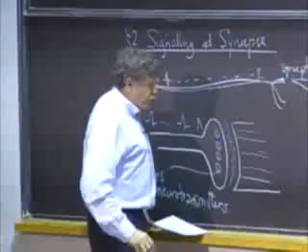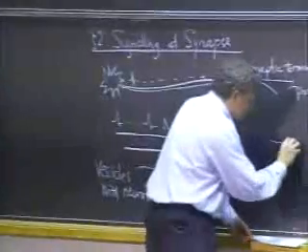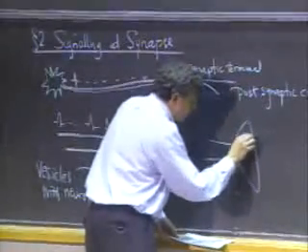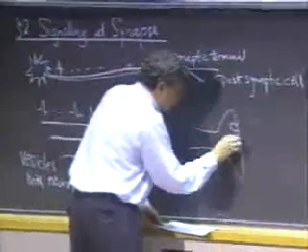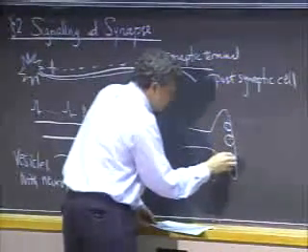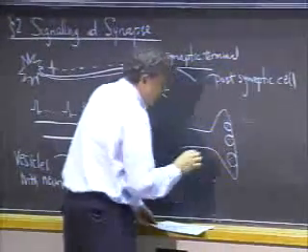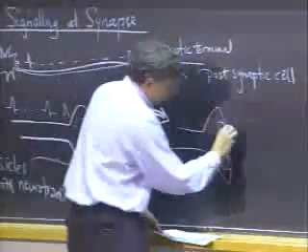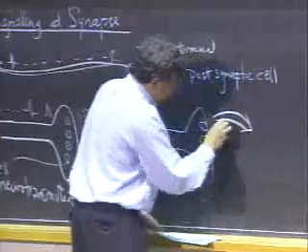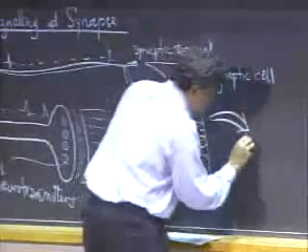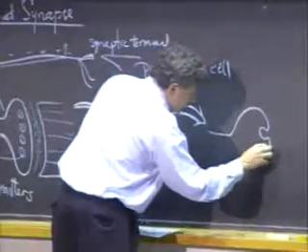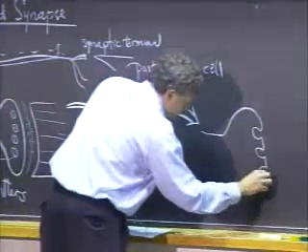When the action potential comes, it causes these synaptic vesicles to fuse with the membrane. And in fusing, the insides become continuous with the outsides. Here's a little fusion picture here.